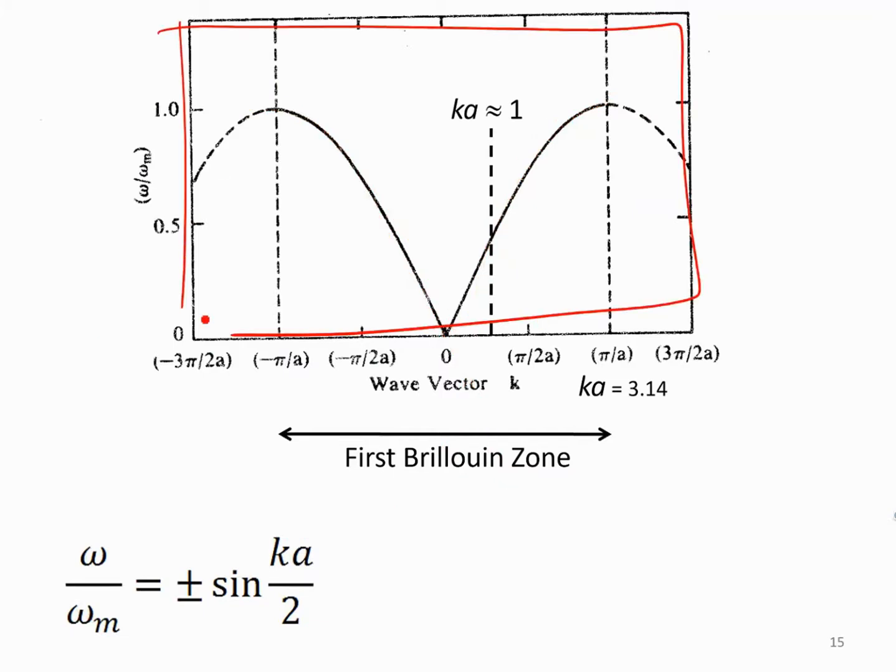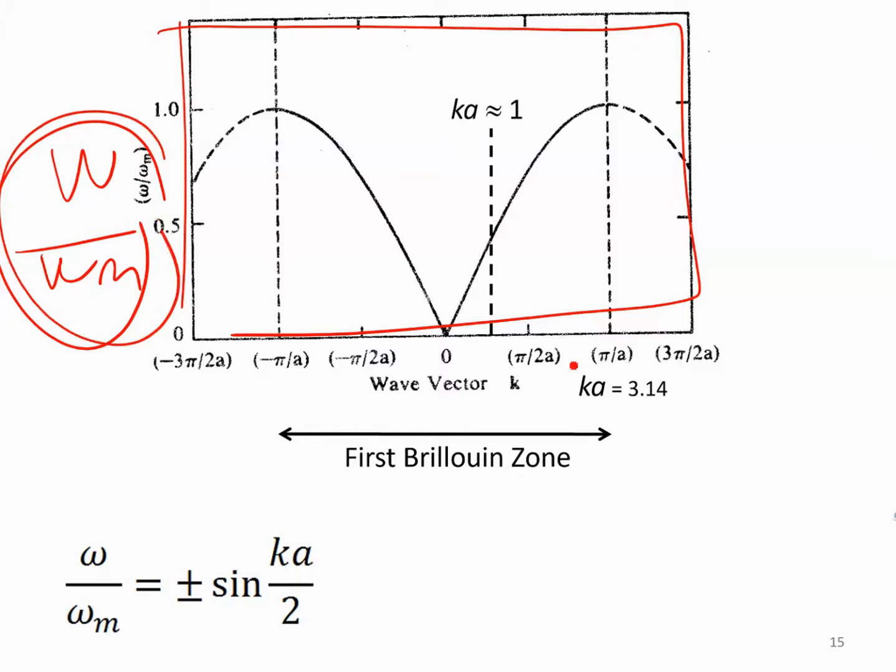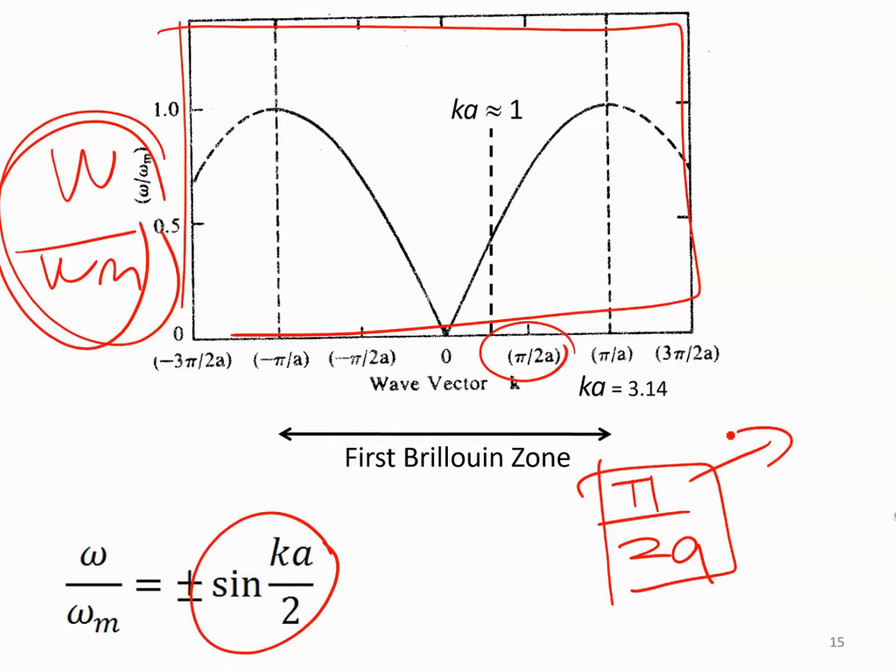Okay, and this is actually omega over omega max versus Ka over 2. You can see this parameter is omega over omega max, and this parameter is pi over 2a. Pi over 2a means what? Is it real space? No. If it's real space, then we use a, 2a, 3a.